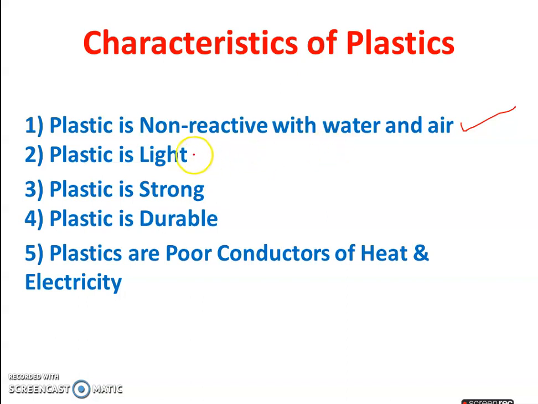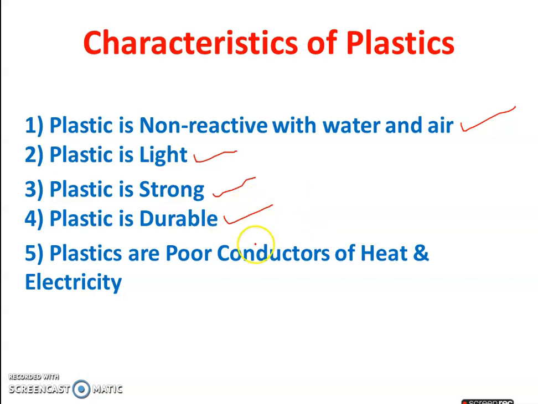Second, plastic is light. You can see that a plastic chair can be carried from one place to another very easily. Third, plastic is very strong in comparison to other materials. Plastic is durable.